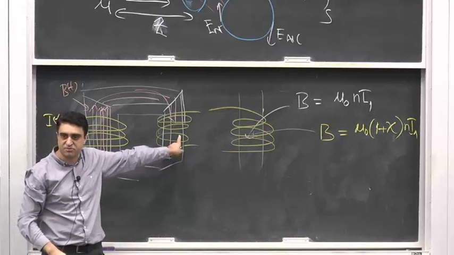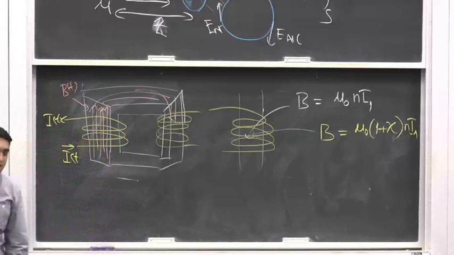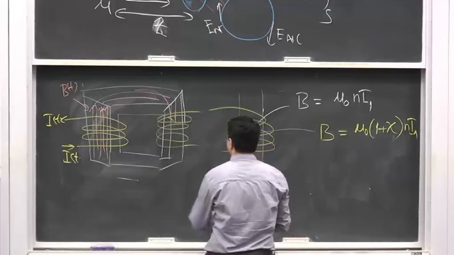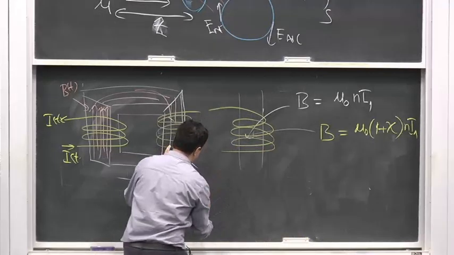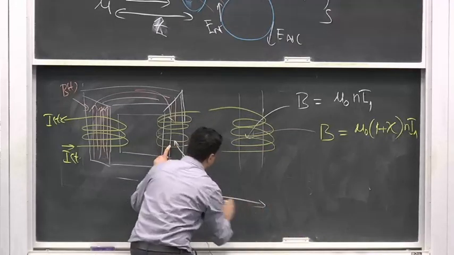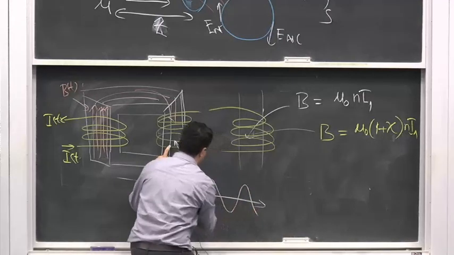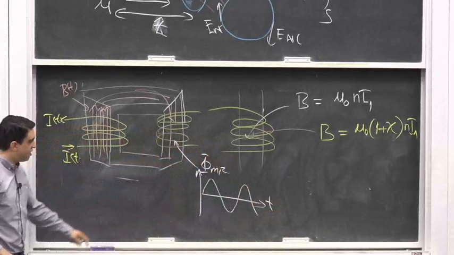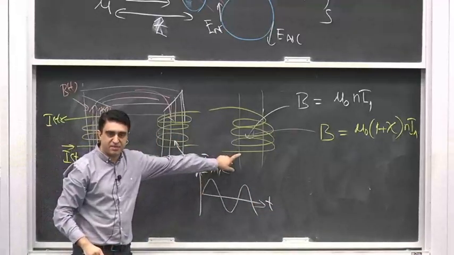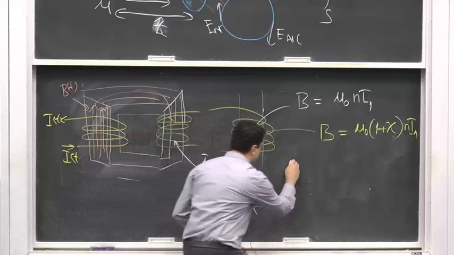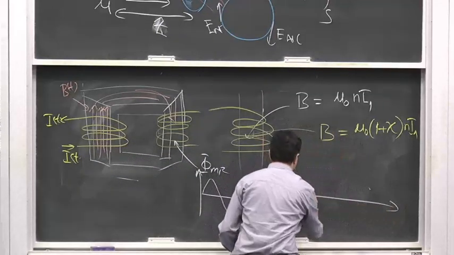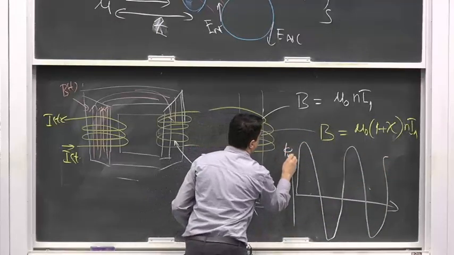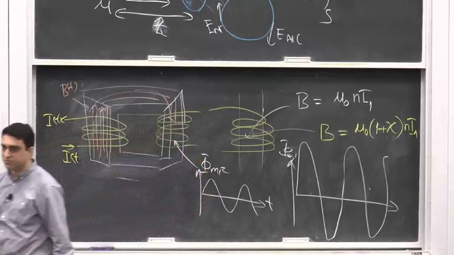And if you have a high flux through the second coil, the change in the flux when this current changes would also be stronger. If you don't have any magnetic material inside, this would be the case. But if you put a magnetic material inside, you have a very strong change in the flux through the second coil. So that's what this magnetic core gives you.